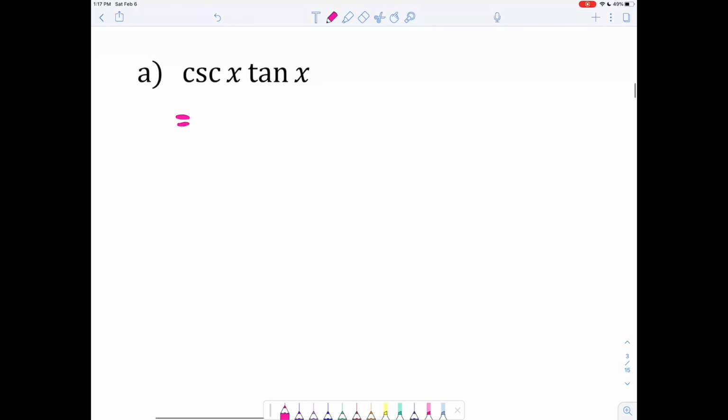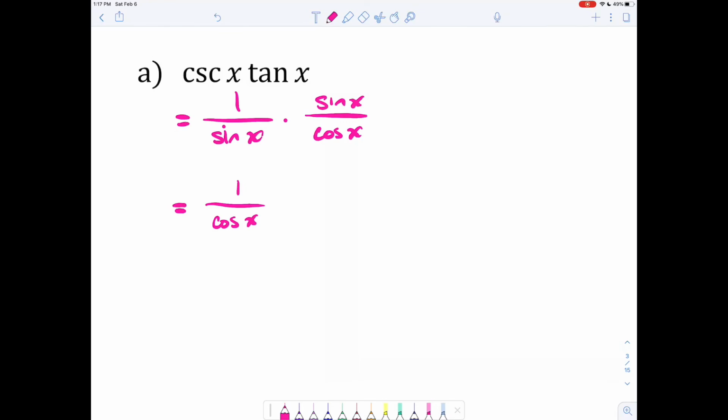I'm going to write cosecant as 1 over sine x. And I'm going to rewrite tan of x as sine of x over cosine of x. If I simplify this, I just have 1 over cosine of x.